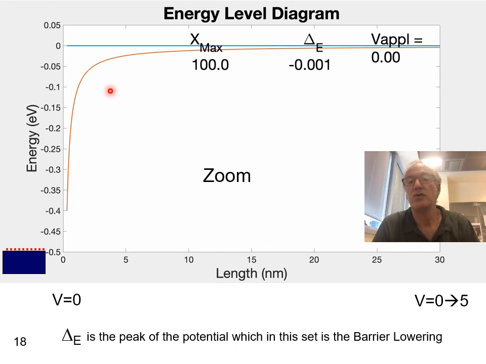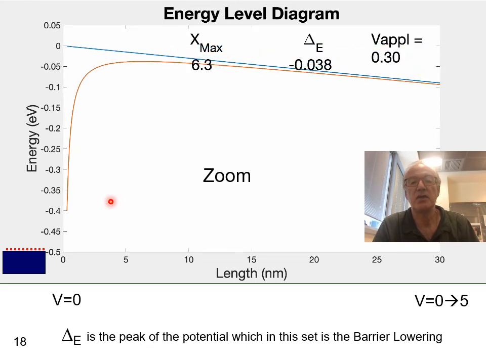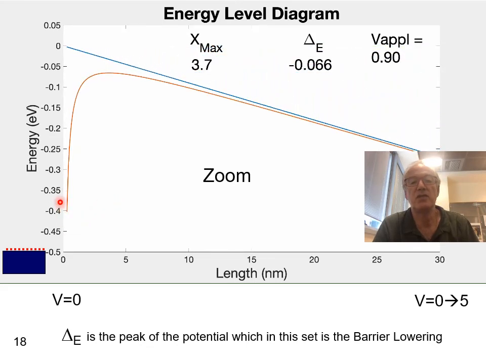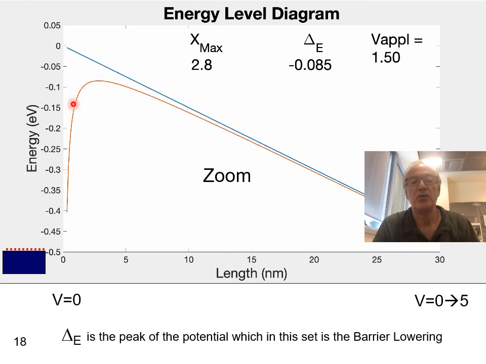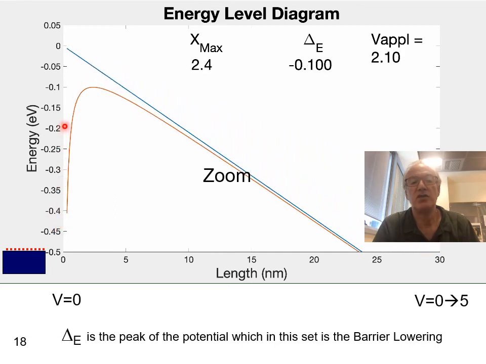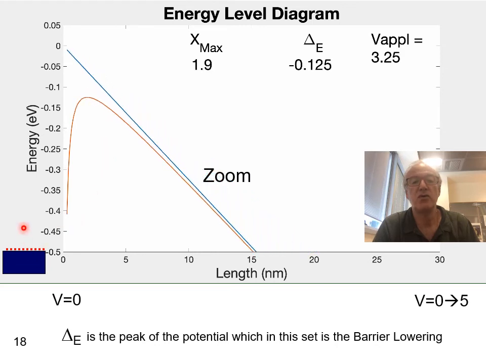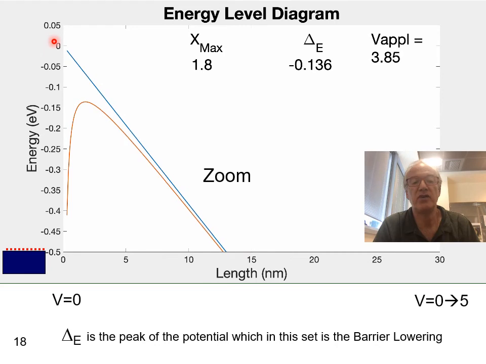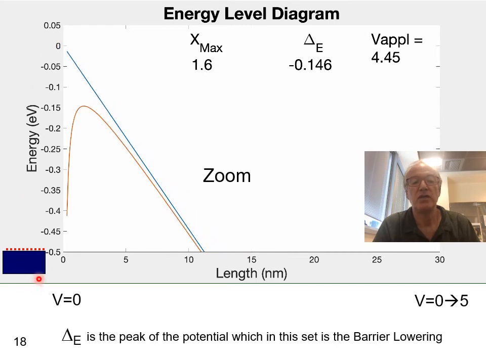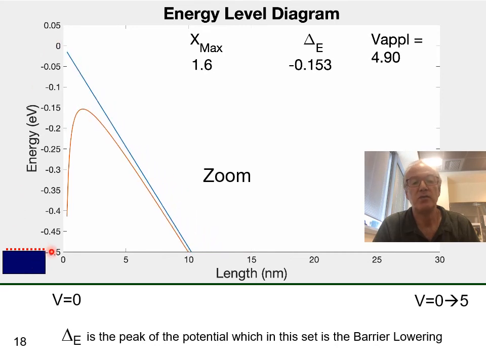And finally, to see better what's going on, we'll zoom in on this region, and again the same picture, only now it's clearer. We see this top of the potential, which is really the height that the charges need to climb. So if when we started they had to go up by 0.5 eV, now all they need to go up by is 0.5 minus 0.15, which is 0.35, right?